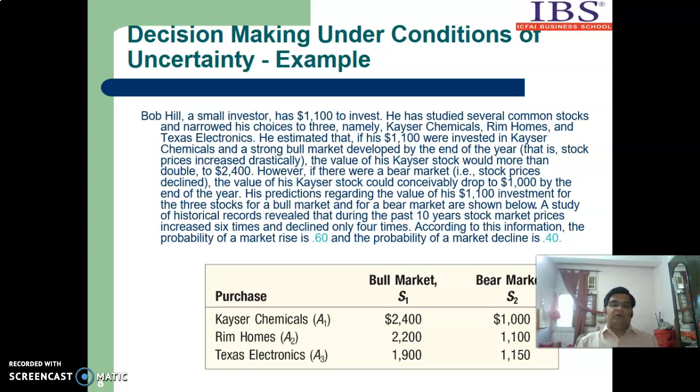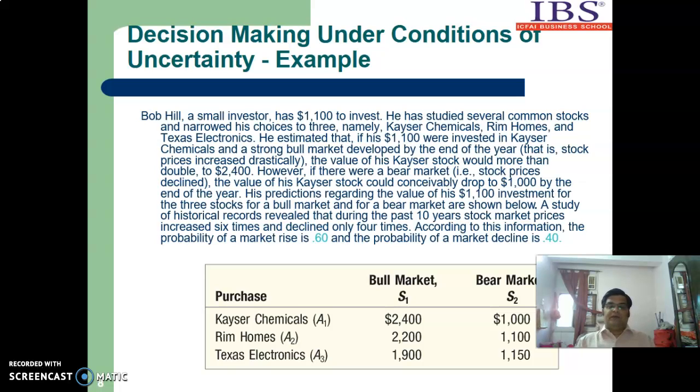A1 we have defined as the purchase of Kaiser Chemical stocks, A2 as purchase of Ream Homes stocks, and A3 as purchase of Texas Electronic stocks.